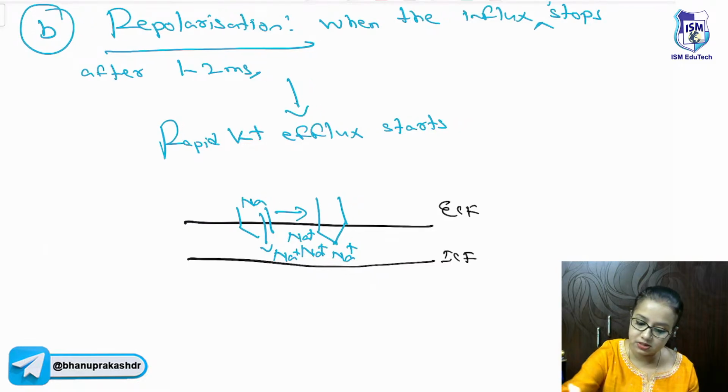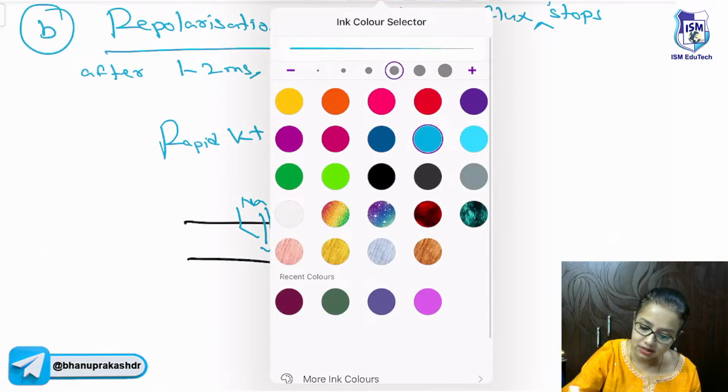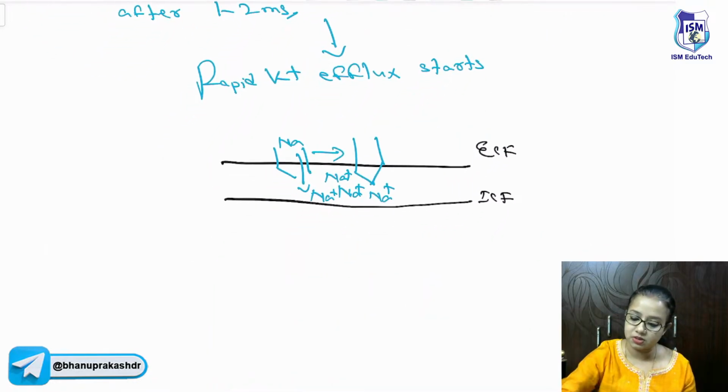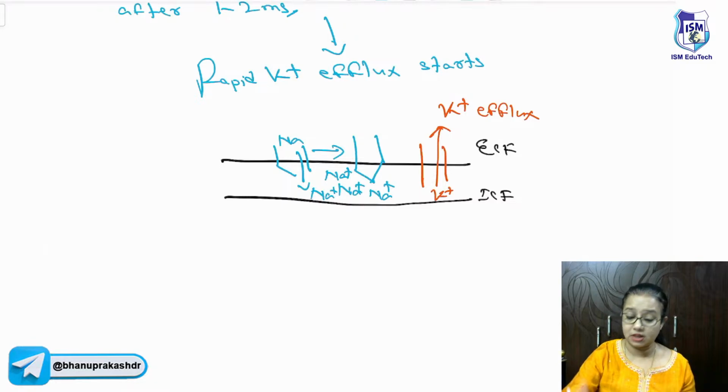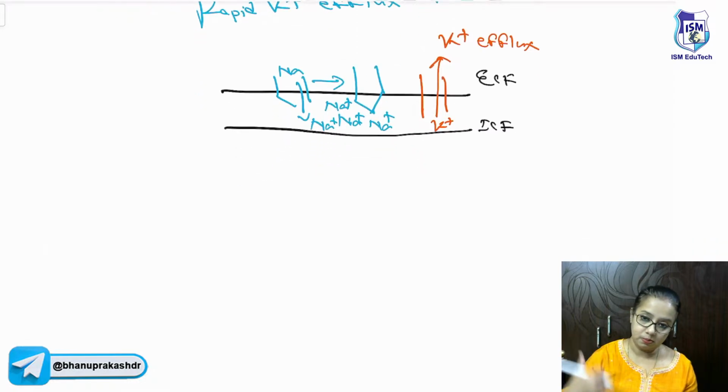So what happens next, immediately, to bring the resting membrane potential back to normal? Potassium efflux starts through the potassium channel. The excess positive charge is thrown out of the cell in the form of K plus.